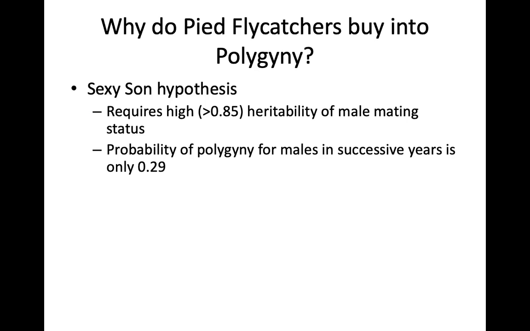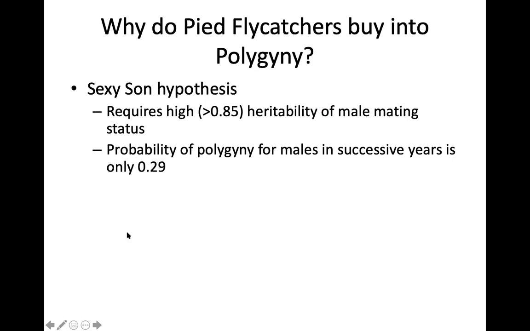Well, as it turns out, the probability of male offspring being polygynous when they reach maturity is really only 29%. And so whatever you're getting from the male parent that would make the female want to enter into polygyny has to result in the sons achieving polygyny easily.